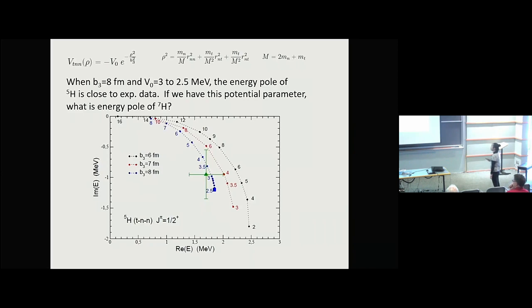And if we have V0 equals 2.5 or 3, then our result is close to the experimental data. Also, if we take the Limas calculation result as the experimental data, the 2.5 is the best fit. So if we have this value for the 3-body potential, then what is the energy pole of hydrogen 7?